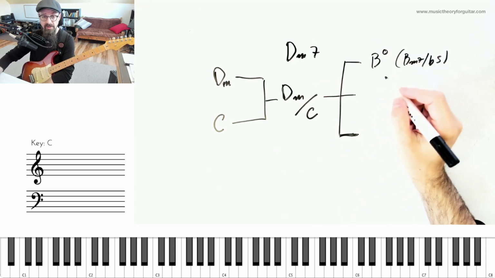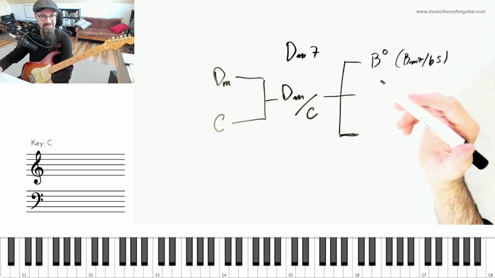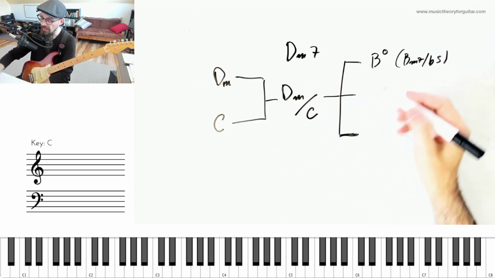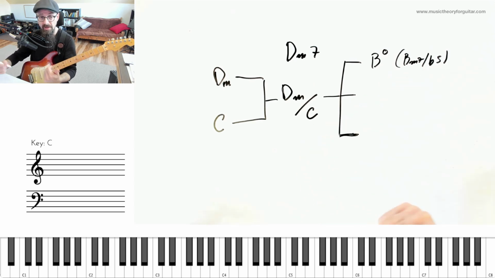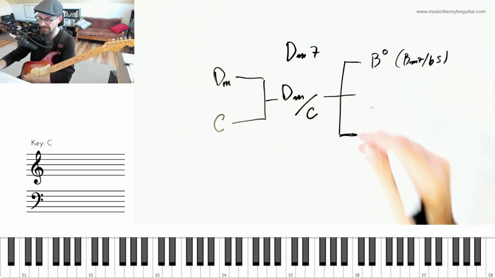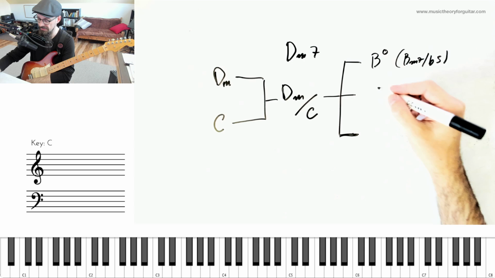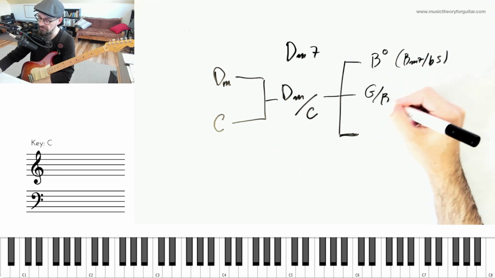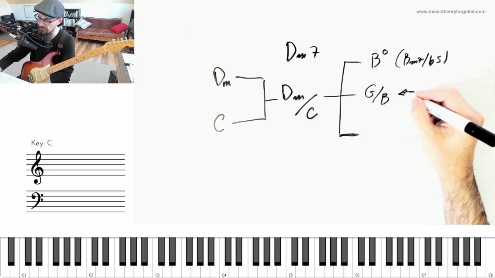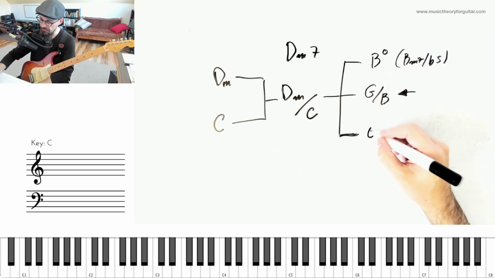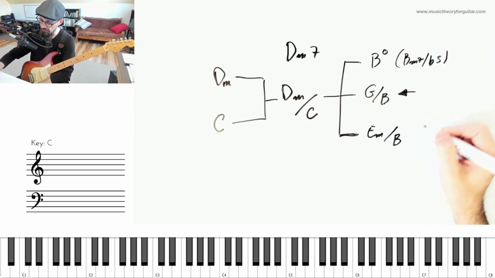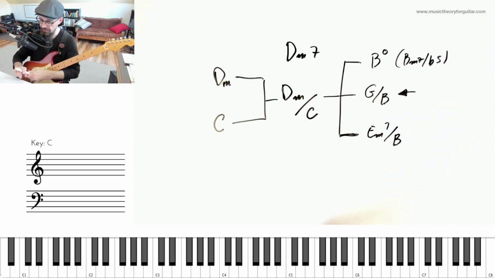The diminished triad will always sound a bit meh, in general, but it could work. Then we have the chord where B is the third. In the key of C major, if B is the third, the chord is G major, so with a bass of B. That would be my preferred choice most of the time, by the way. Or you can find the chord where B is the fifth, which is E minor with a bass of B. And again, we could consider playing an E minor 7th.